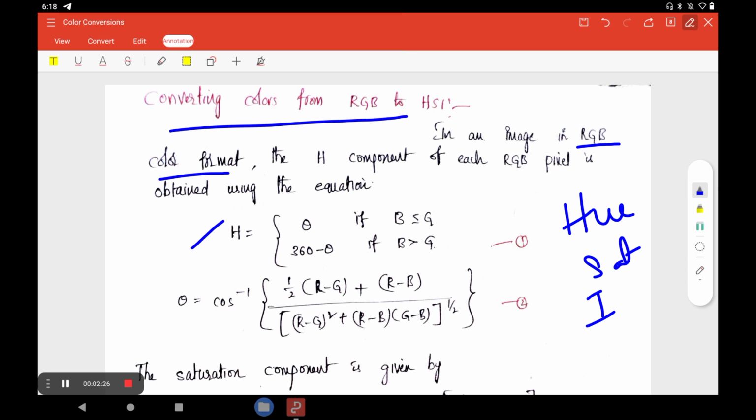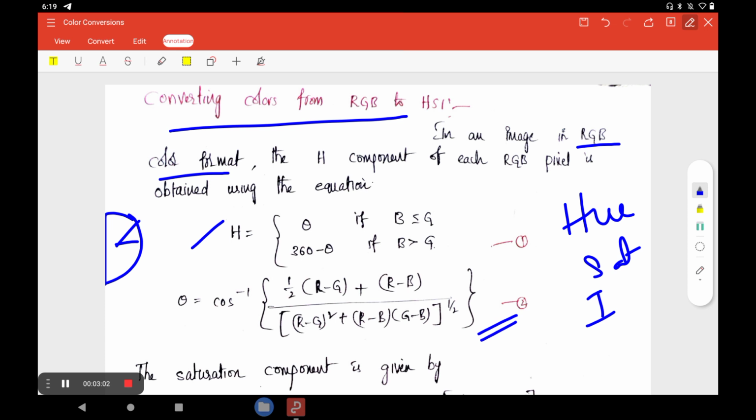H, hue, is equal to theta if B is less than or equal to G, and 360 degrees minus theta if B is greater than G. Here we are taking the hue value with respect to the red axis, where theta is equal to cos inverse of one half into (R minus G plus R minus B) divided by ((R minus G) whole square plus (R minus B) into (G minus B)) whole power 1 by 2.